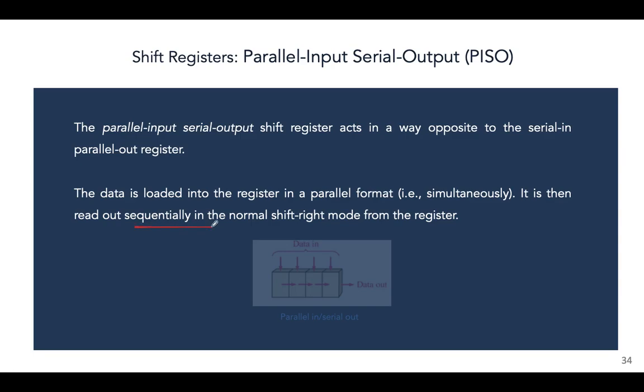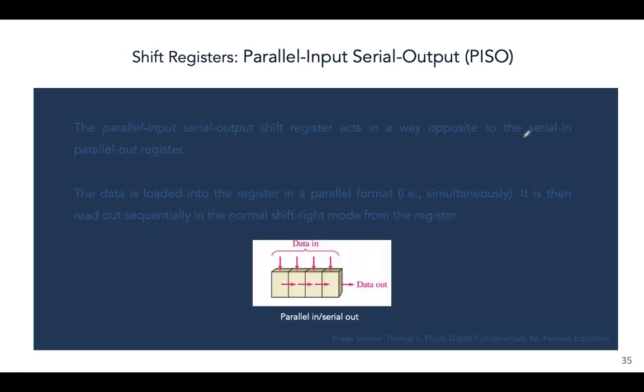So this PISO register behaves in a way which is opposite to a SIPO. In SIPO, data moved in serially, it came out parallelly, that is simultaneously. In PISO, the data bits are entered into the register simultaneously, but they come out serially. Right? So very basically, this is how it works.